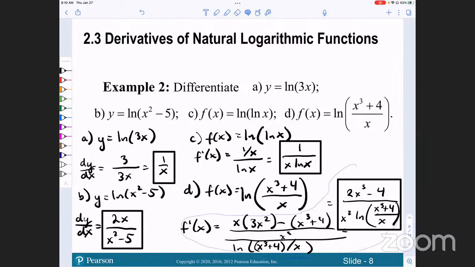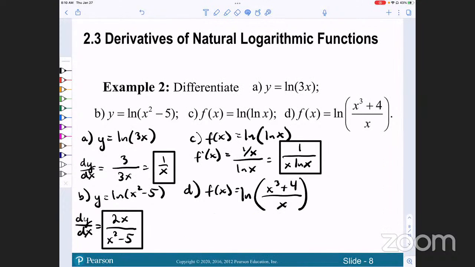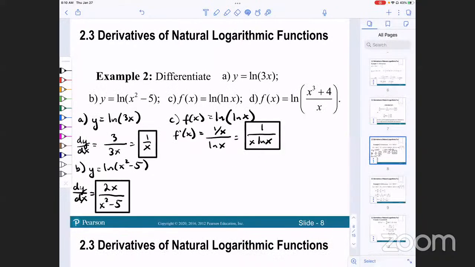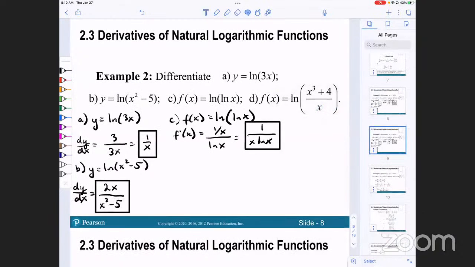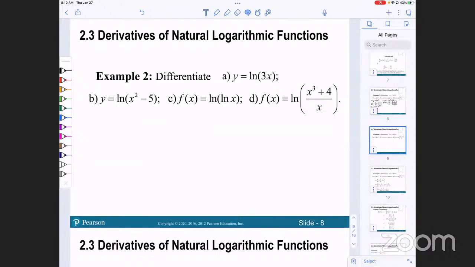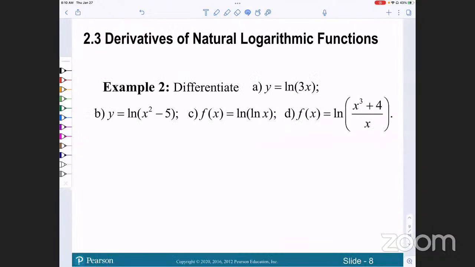I was trying to jam it all in. Let's get rid of this. Yeah, that's awesome. Can I just paste now? No.